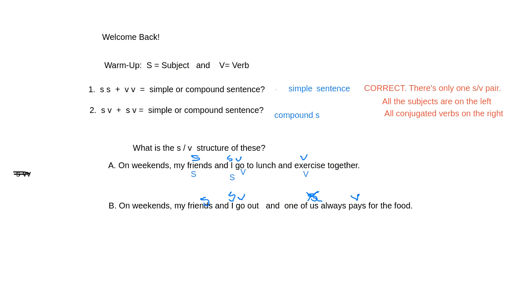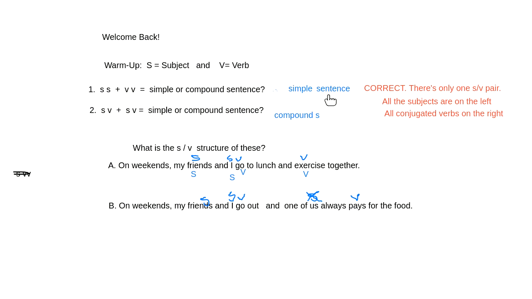What I mean is that if you're looking on the screen, look where I'm pointing, all the subjects are on the left side and all the verbs are on the right side. So all the subjects are doing the actions. We don't have one subject doing one thing and another subject doing another thing. All the subjects are connected to all of the verbs. That creates one pair. So the answer here is correct.